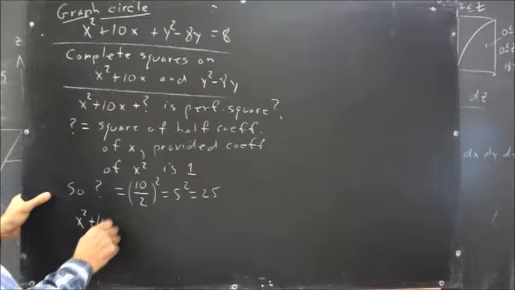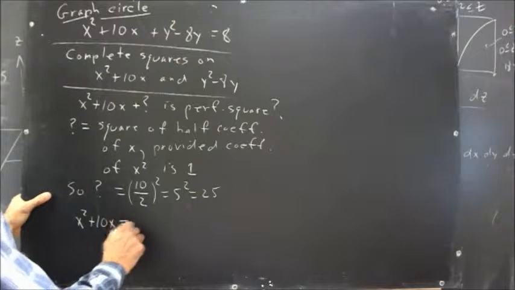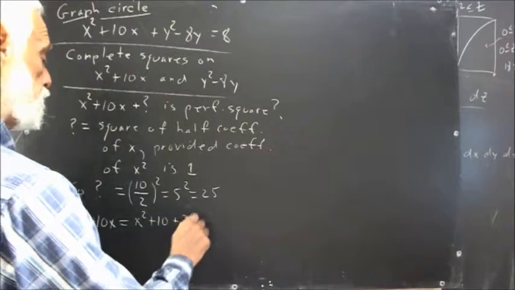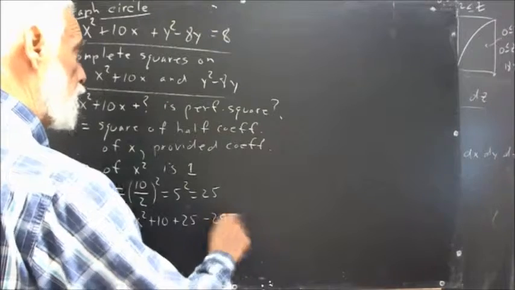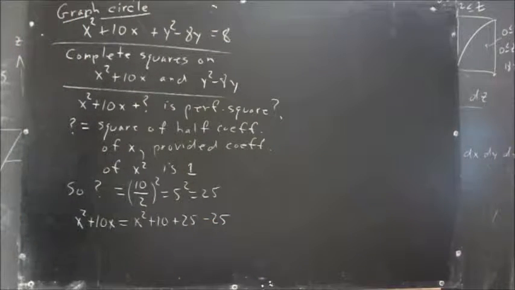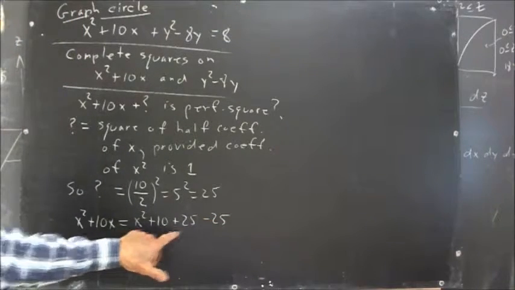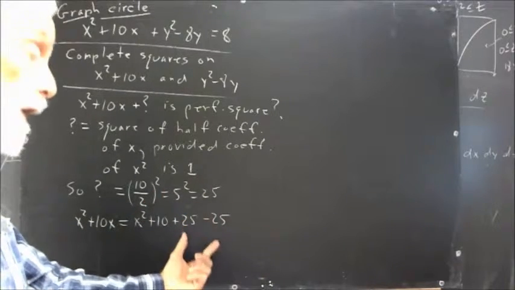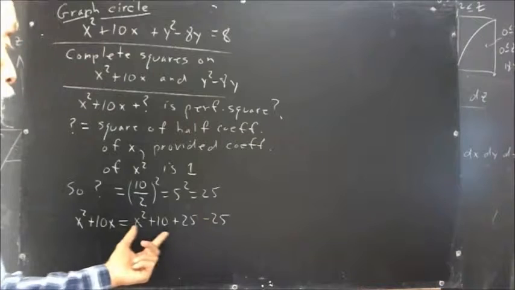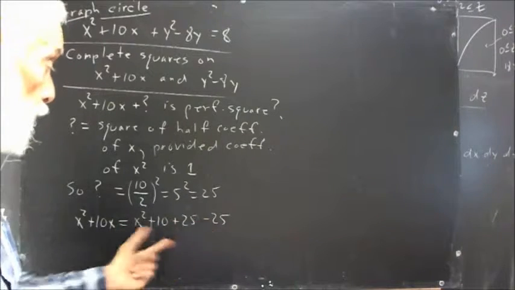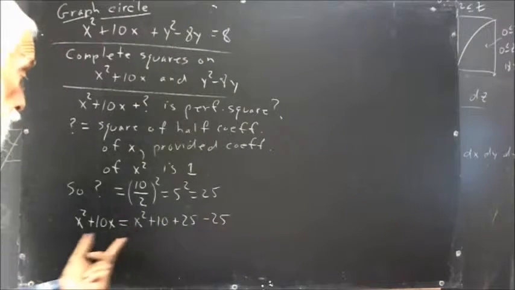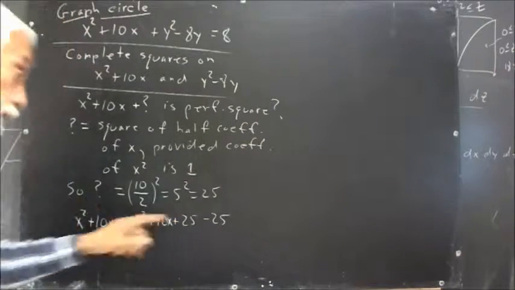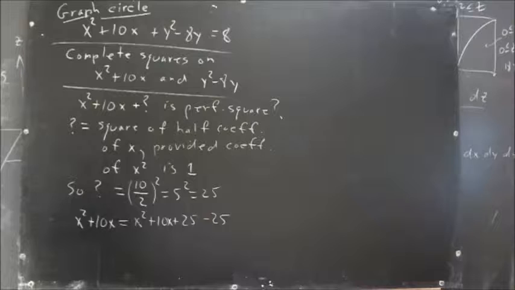X squared plus 10x is equal to x squared plus 10x plus 25 minus 25. Because, of course, adding 25 and subtracting 25 is the same as not doing anything at all, because that comes out to be 0. So if we simplify this, we do get x squared plus 10x.